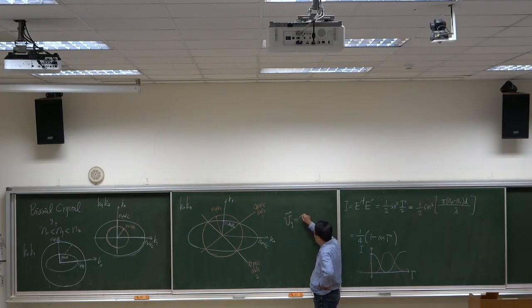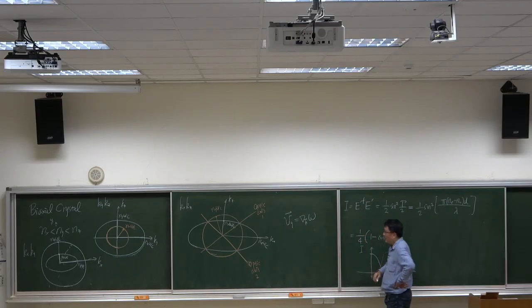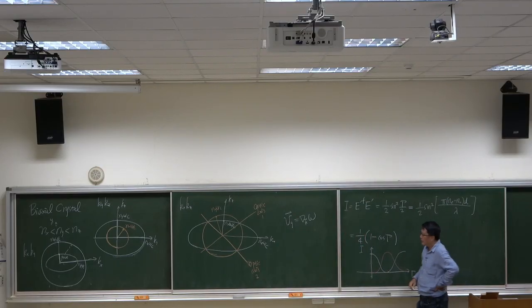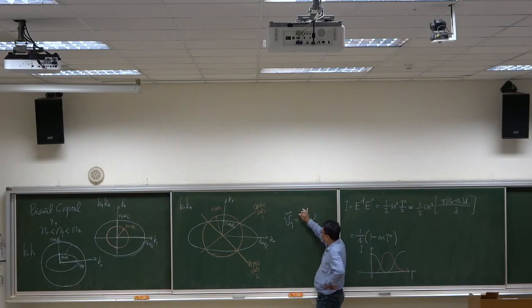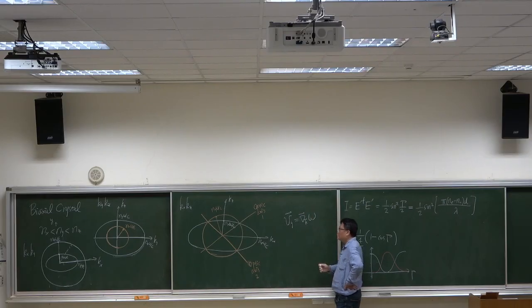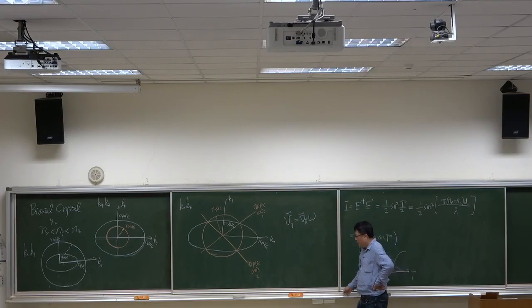Group velocity is the k gradient of the omega surface. Okay, and this means that the direction is normal to the normal surface locally.